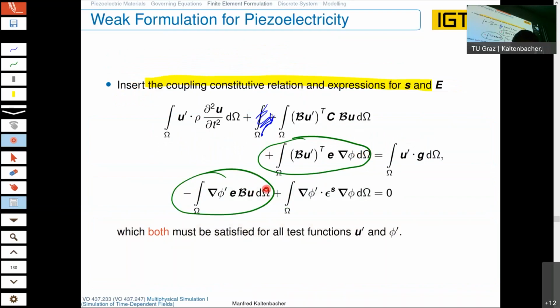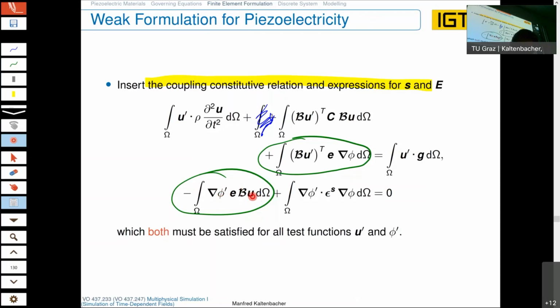And if you have a close look, you see it is the B operator on the mechanical test function transposed, and here the gradient of phi. And when you transpose the total term, then you have the gradient of phi, which is now the test function, and you have the B operator operating on u.